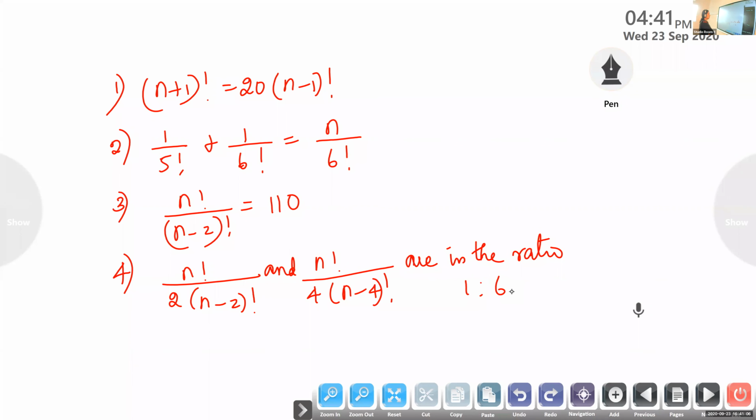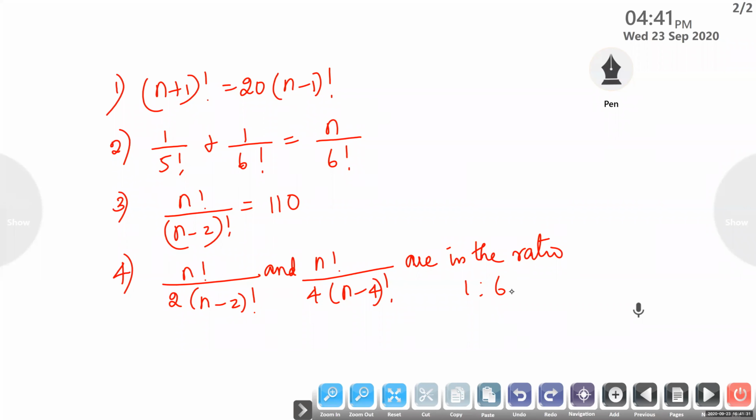n plus 1 factorial is equal to 20 into n minus 1 factorial. Second question, 1 by 5 factorial plus 1 by 6 factorial is equal to n by 6 factorial. Third one, n factorial by n minus 2 factorial is 110.